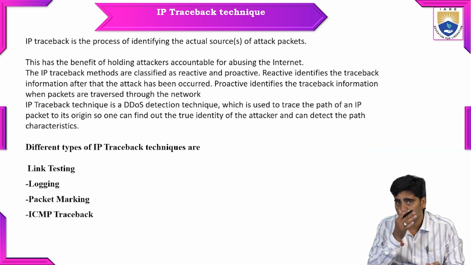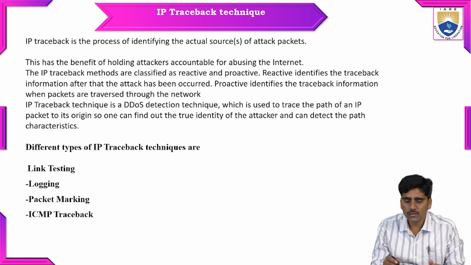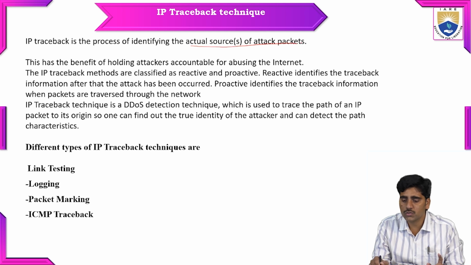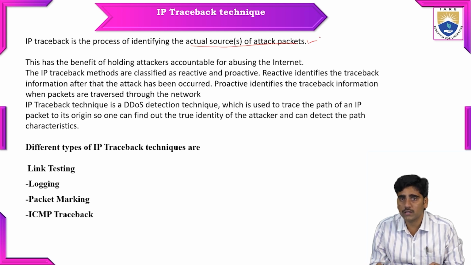So here in IP traceback techniques, there are two main types, along with some other techniques. IP traceback is the process of identifying the actual source of the attack packets.